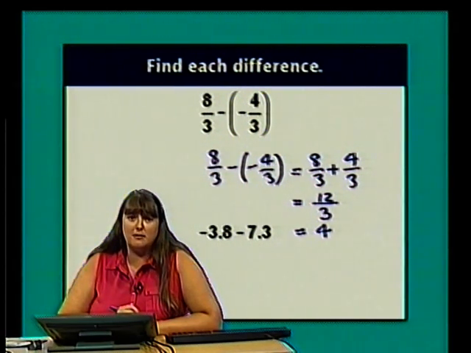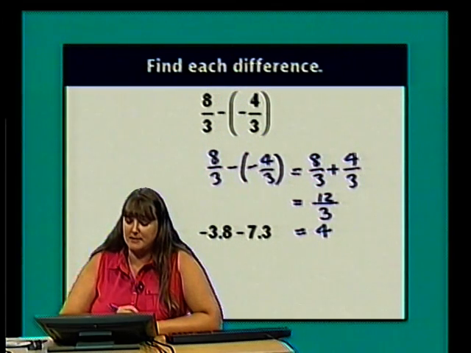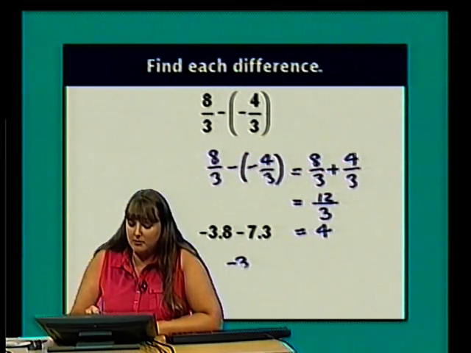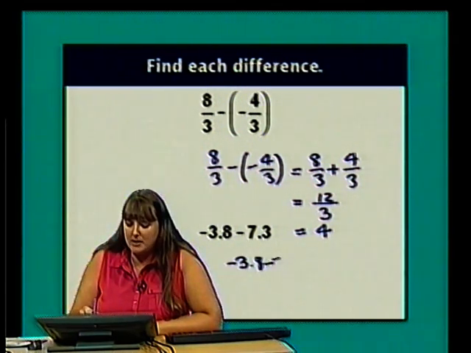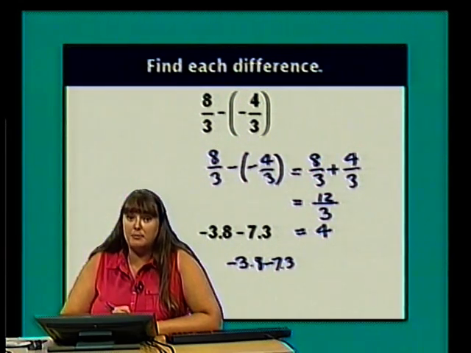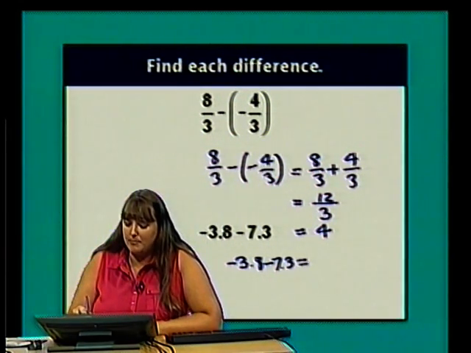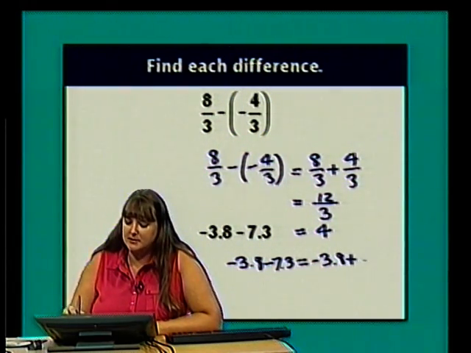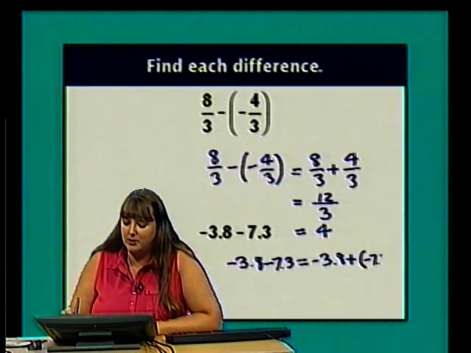Now let's try negative 3.8 minus 7.3. Negative 3.8 minus 7.3 can be rewritten as an addition problem as negative 3.8 plus the opposite of 7.3, which is negative 7.3.